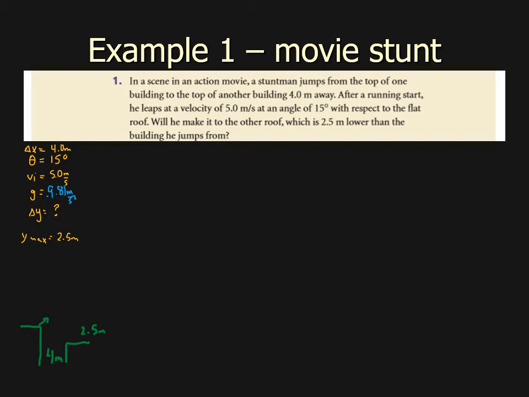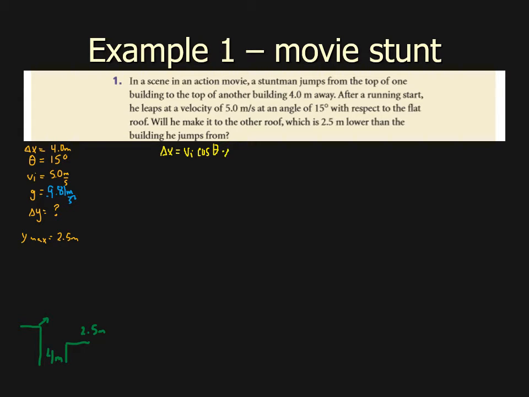Well, what do I know? Well, I know, for instance, I have a lot of information in the x value, or in the horizontal. So I know that delta x is equal to the initial velocity multiplied by the cosine of the angle. I have the angle, and I have delta x.